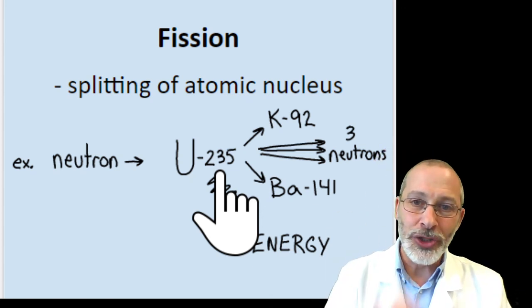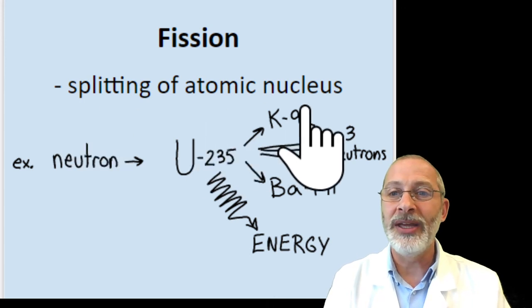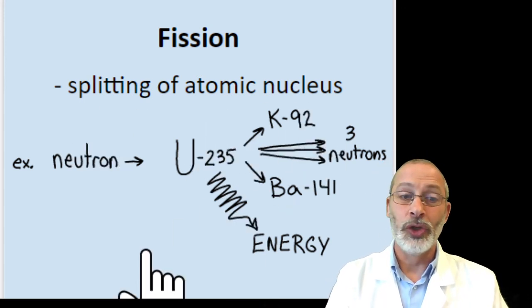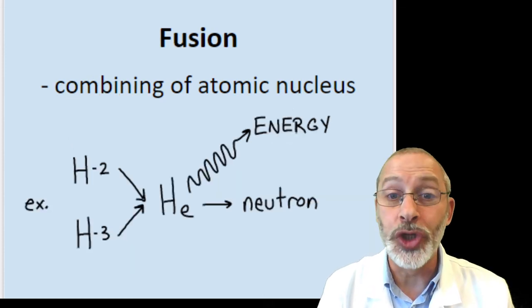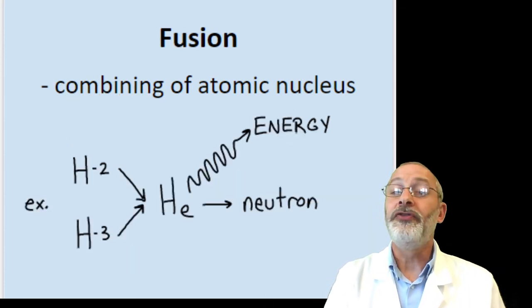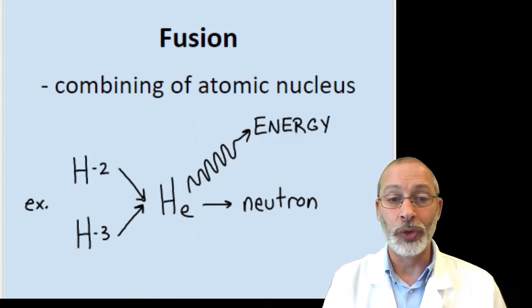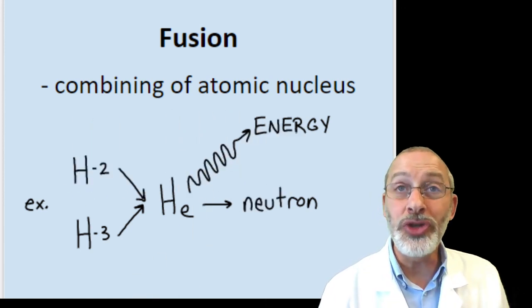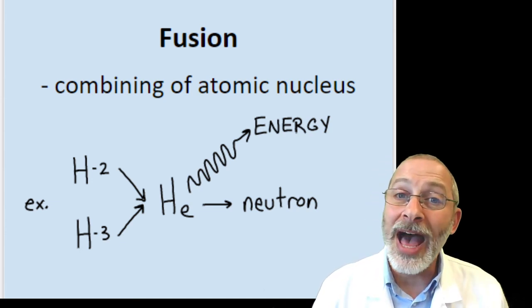But for now, I just want to introduce this concept of fission, the splitting of an atomic nucleus, and our final word here, fusion. Fusion is the combining of atomic nuclei, and fusion is generally what happens with smaller atoms.